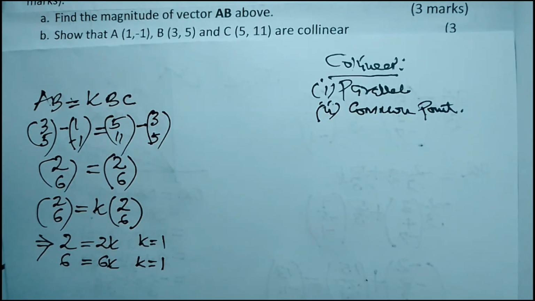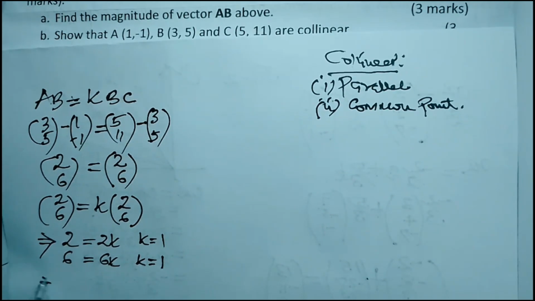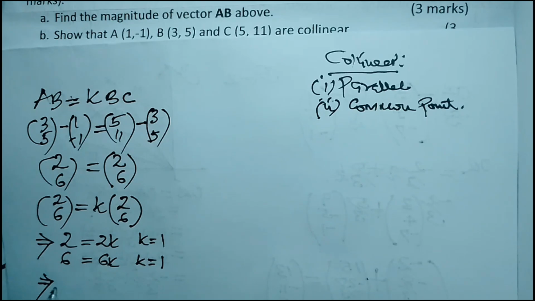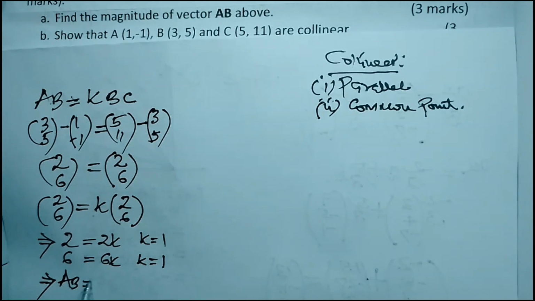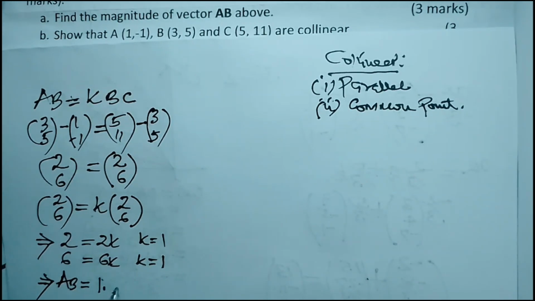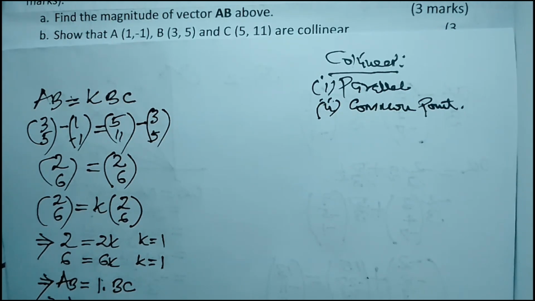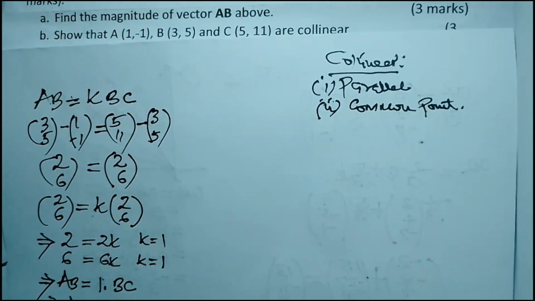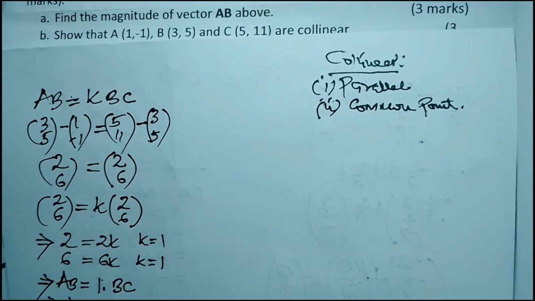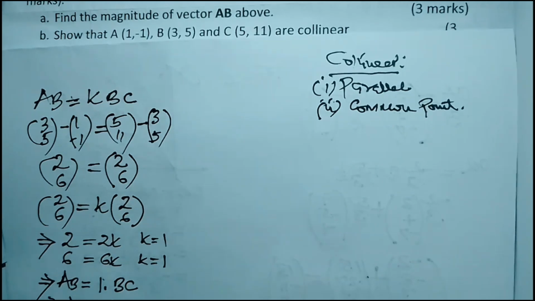So AB is equal to 1 multiplied by BC, and since AB is equal to 1 multiplied by BC, it implies that AB is parallel to BC. The first condition is already satisfied.